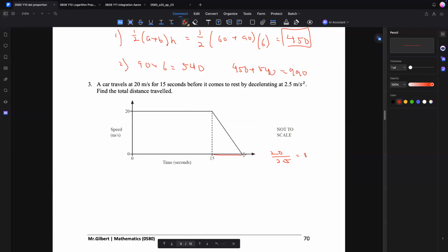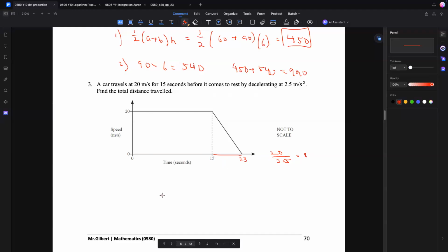So in order to get this final time, it is 15 plus 8, which is 23. But remember the answer you get when you divide is the time from 15 to 23. So make sure you add 15 to 8, and then you get 23. Now you have all the information that you need.